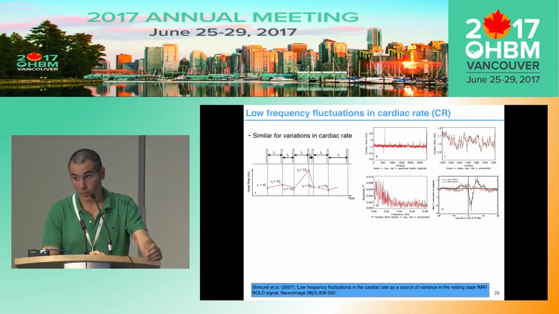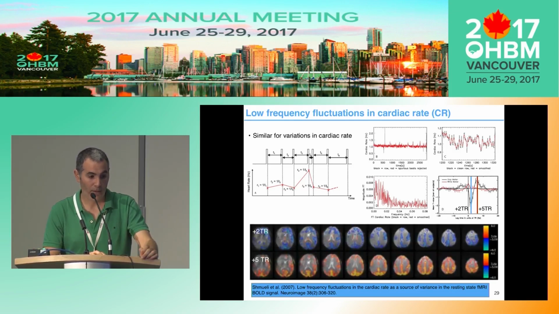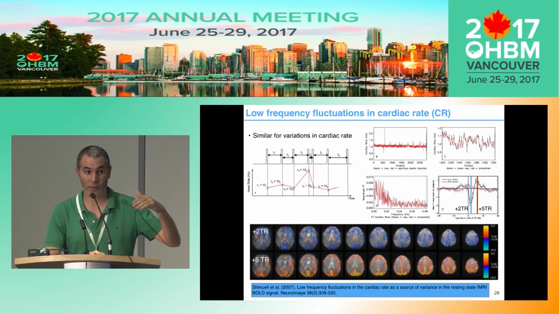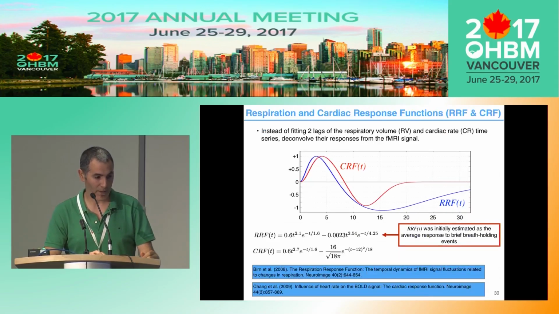You can actually do a very similar approach for the cardiac rate. You can compute fluctuations in the timing between two successive cardiac pulses, then again have a time series of those changes in the cardiac rate, then you correlate with the average signal of the brain, and then identify the two lags that have the maximum correlation, and then incorporate that into the model in order to explain some variability.